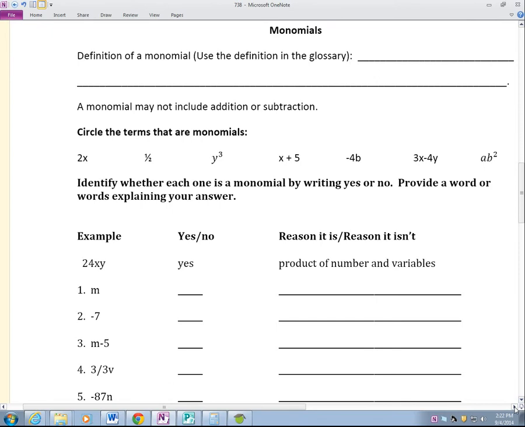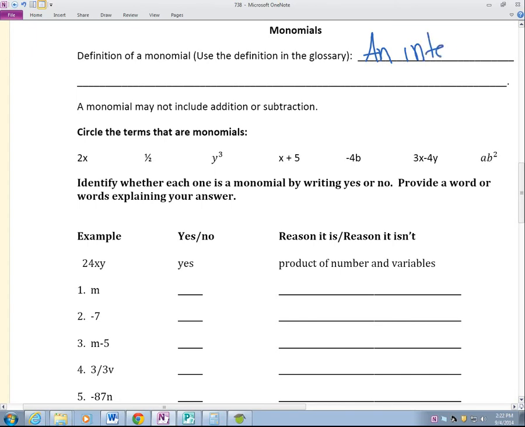Did you guys get these notes? Okay. Where are we? There we go. Is an integer a variable or a product of integers?